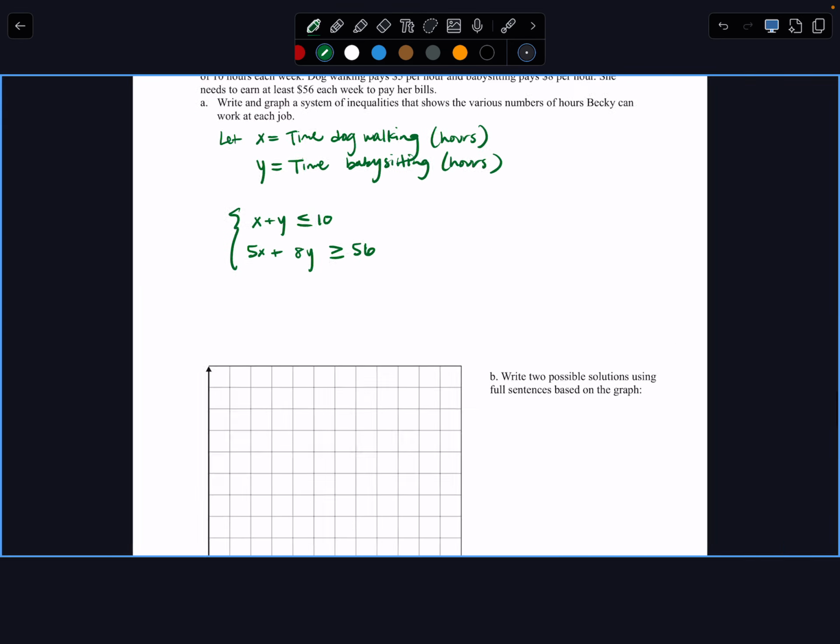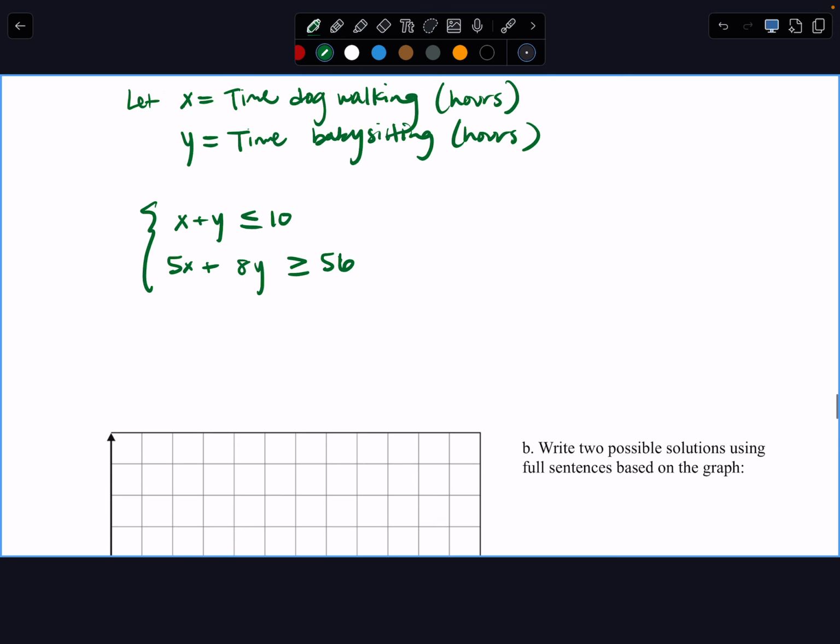Okie dokie. And then we can go ahead and graph. So Y, I'm going to make that Y. I'm going to number these. My Apple Pencil's not working. There we go.